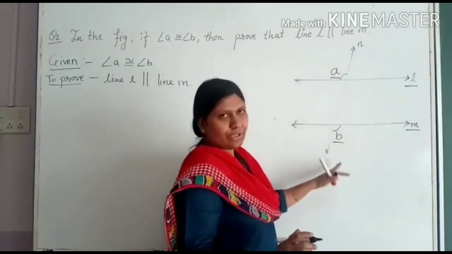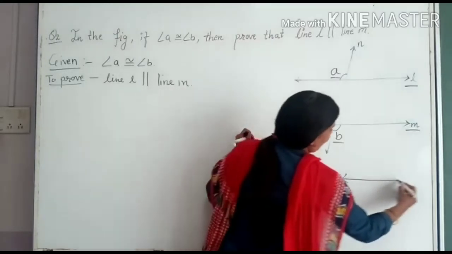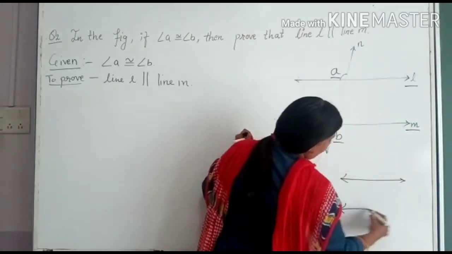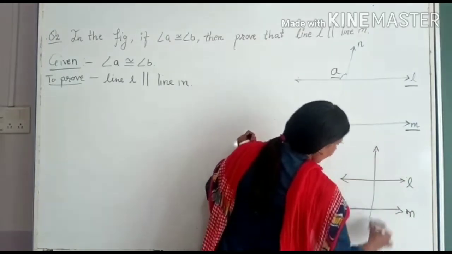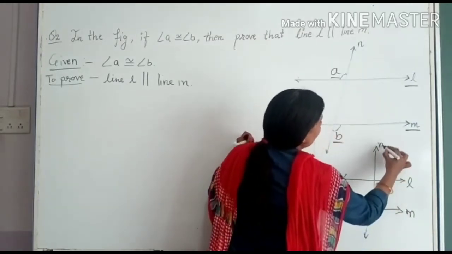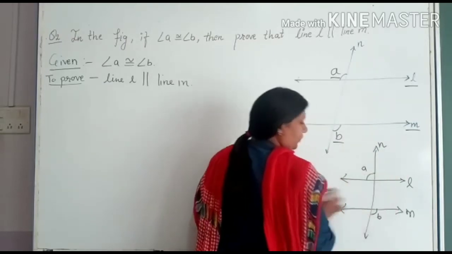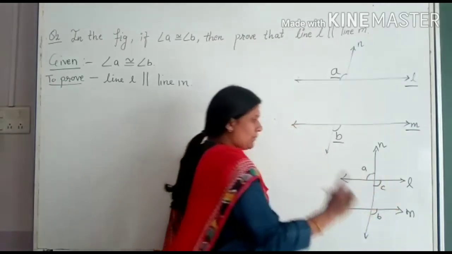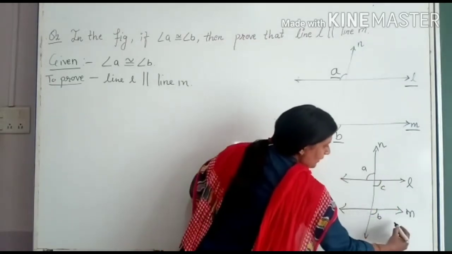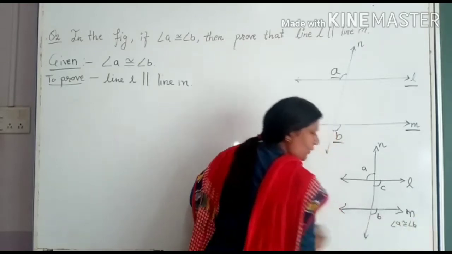You can prove it by another method also. Consider these two lines L, M, and N is the transversal, angle A and angle B. Suppose this is angle C. Angle A and angle B are congruent to each other, that is given to us.